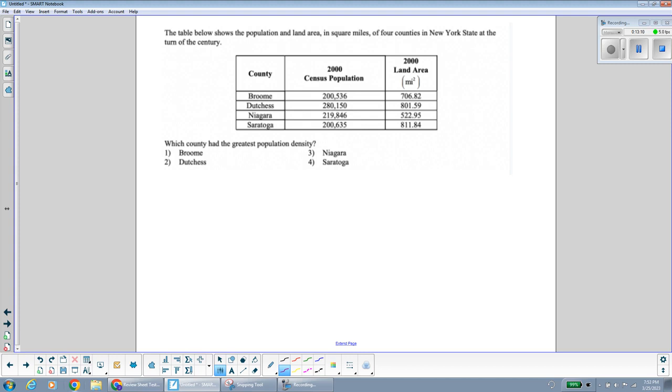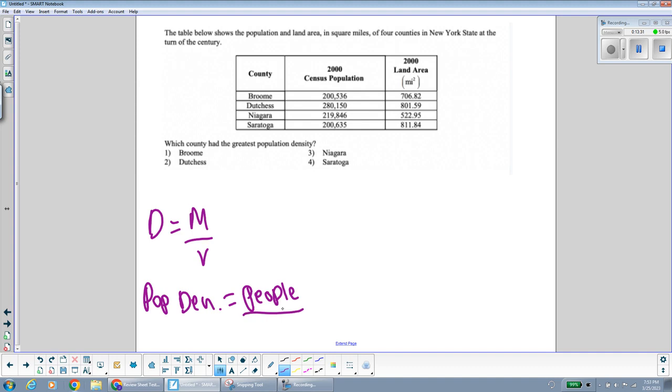So how many people, plants, or animals in a certain amount of area.